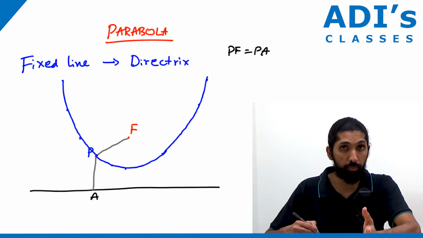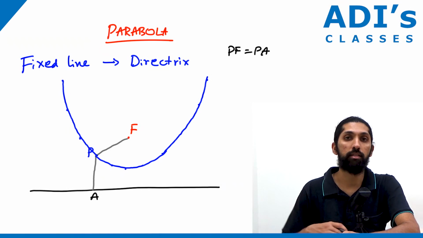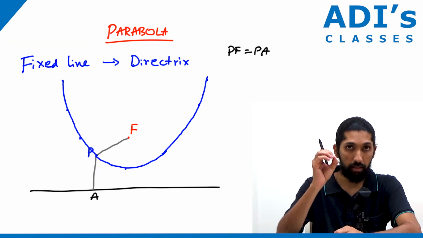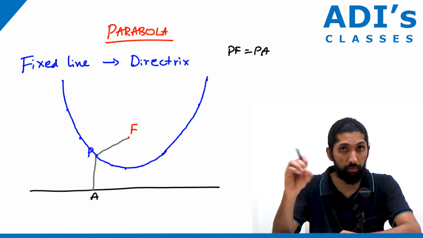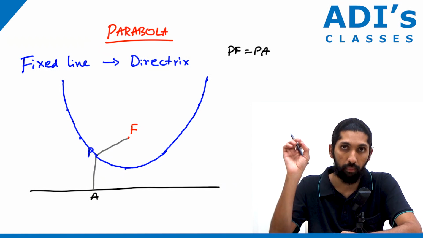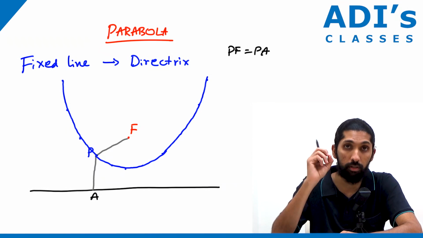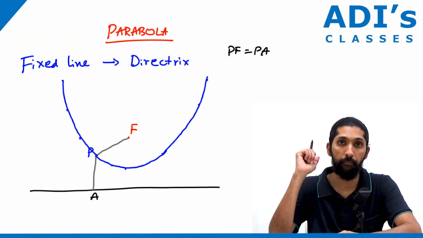This is what you have plotted also, if you remember, last year. So this is a parabola, in such a way that the point moves so that PF is equal to PA, all the time. Now that you know PF is equal to PA, what is that F, what is that P, and what is that A?